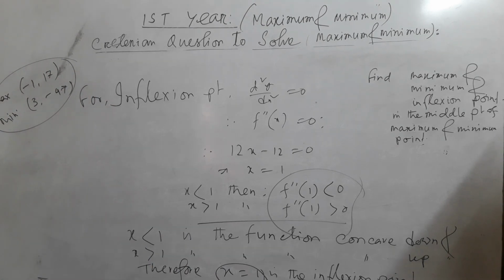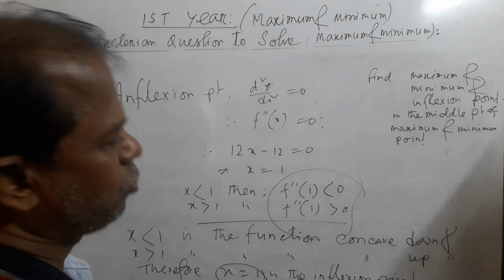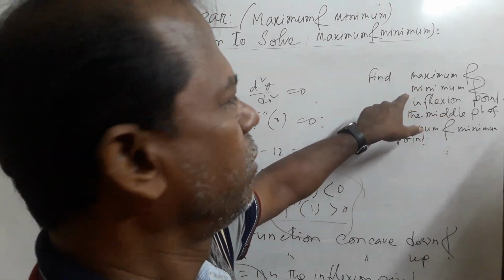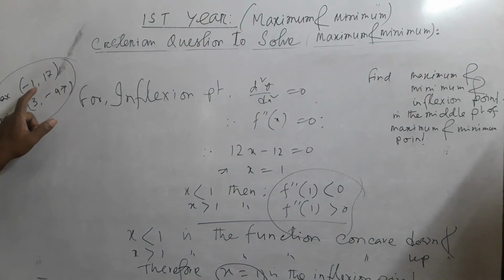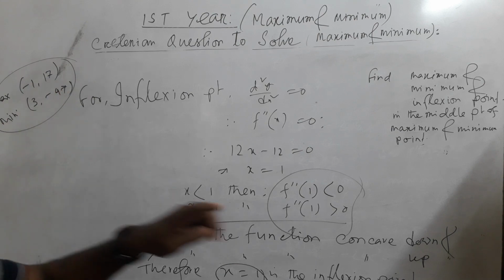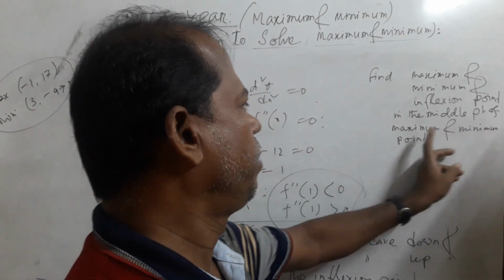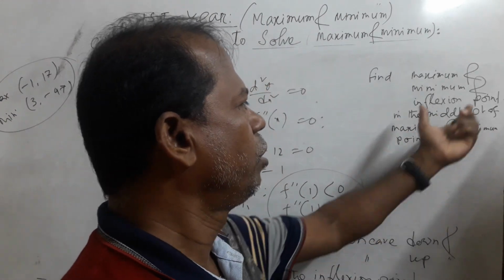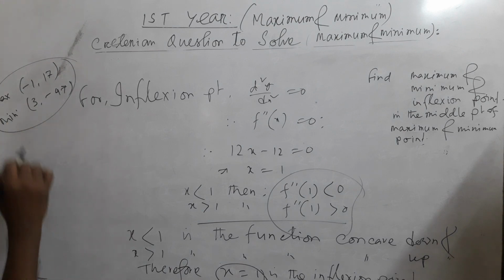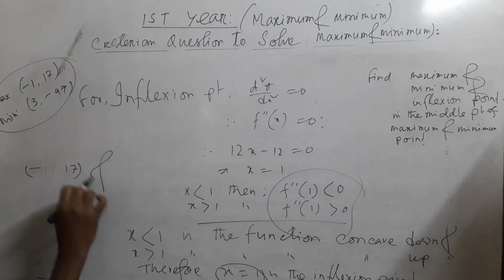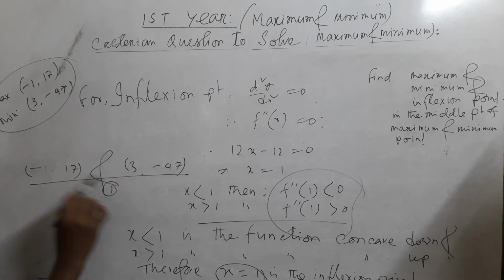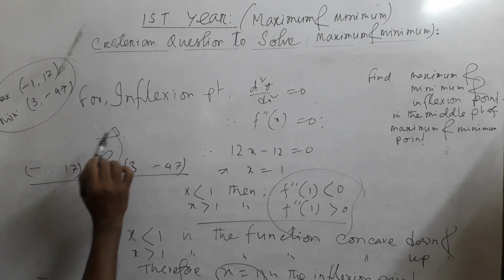With maximum point minus 1 and 17 and minimum point 3 and minus 47, obviously the inflection point is the midpoint of the maximum and minimum points, and 1 is the inflection point, right?